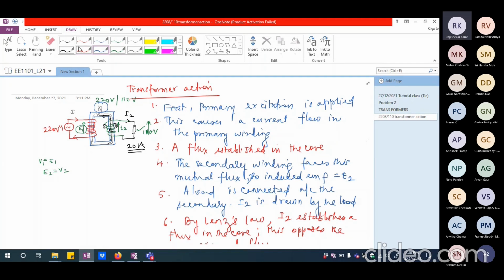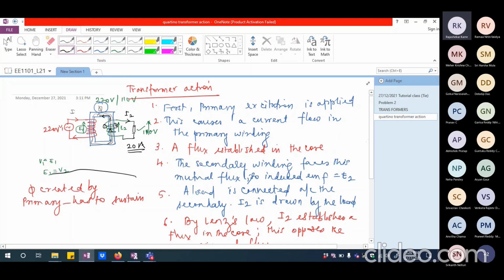So the mutual flux, or the flux created by the primary, originally whatever was in the core, has to sustain.